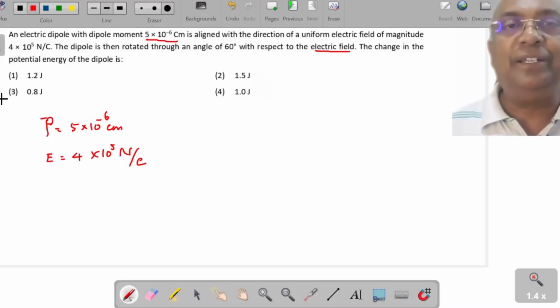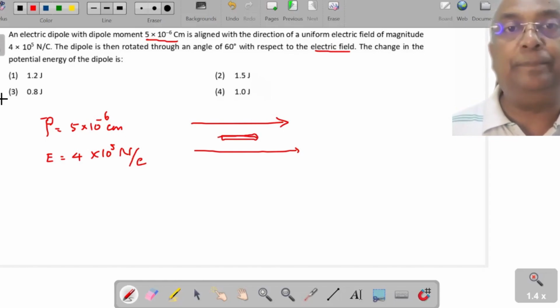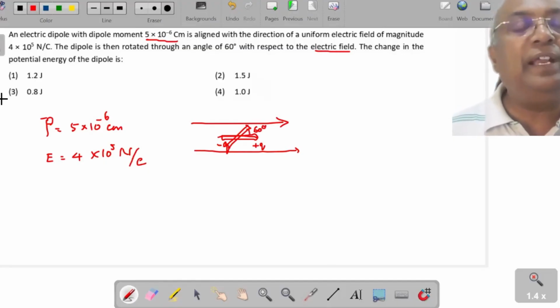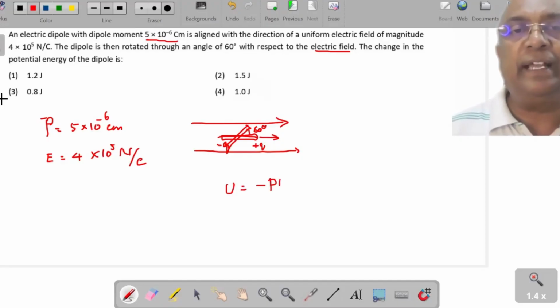Initially the dipole is placed along the electric field. This is the direction of the electric dipole, from minus Q to plus Q. We should be very clear. It rotates by an angle of 60 degrees from the original position. We know that the potential energy formula is minus PE cos theta.